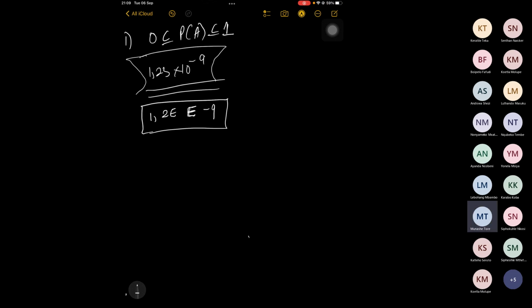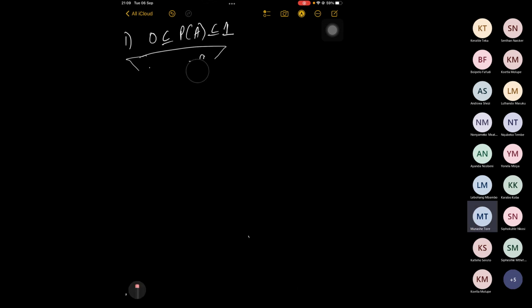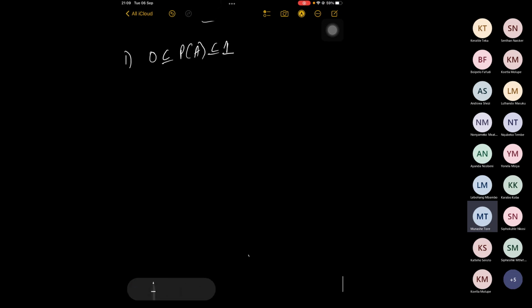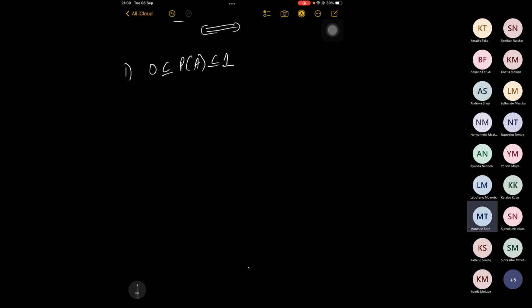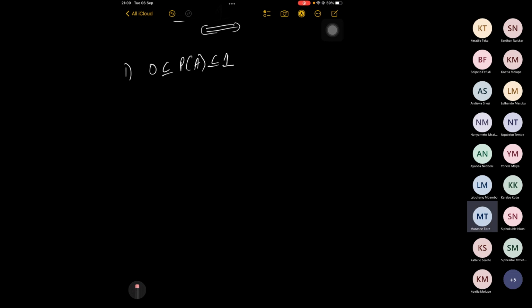So this e, which is the exponent, is a representative of 10 to the power of whatever number you write here. Keep that in mind. But please, there's no answer that is less than 0. I'll always emphasize this. There's no answer that is less than 0 or greater than 1. Such an answer does not exist, isn't it? I feel like it's fine.